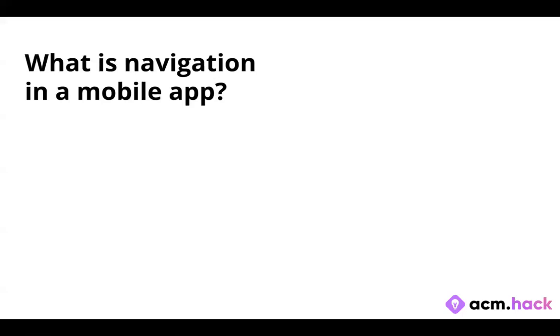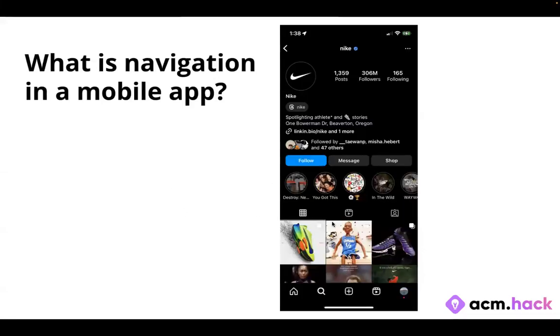Okay, so that was state and hooks, but now I'll be going into navigation, which is the last topic of today. So what is navigation in a mobile app? I have hopefully something familiar to all of you, which is Instagram, and this is just the Nike homepage. I'll go over different navigation inside the Instagram app so you can get an idea of navigation in a mobile app.